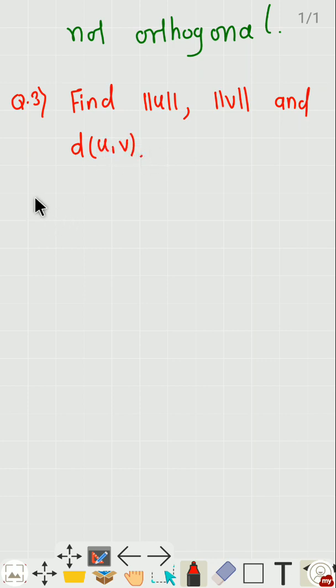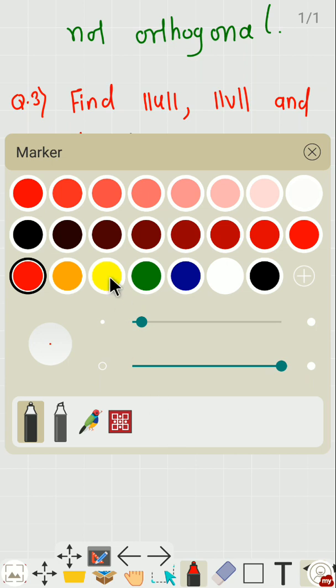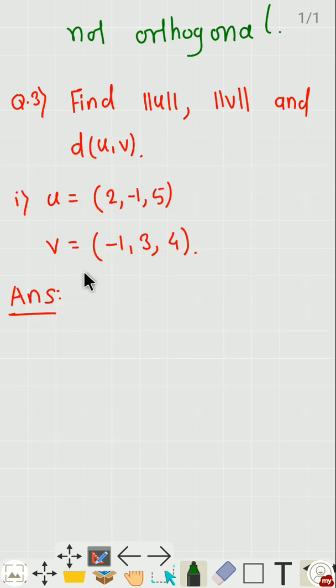So the first set of vectors is given. Vector u is equal to (2, -1, 5). Vector v is equal to (-1, 3, 4). Now let us write the answer of this question.